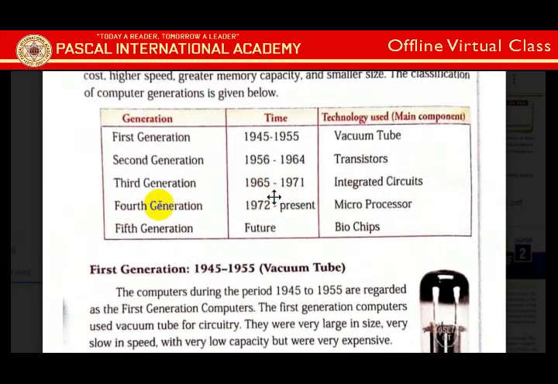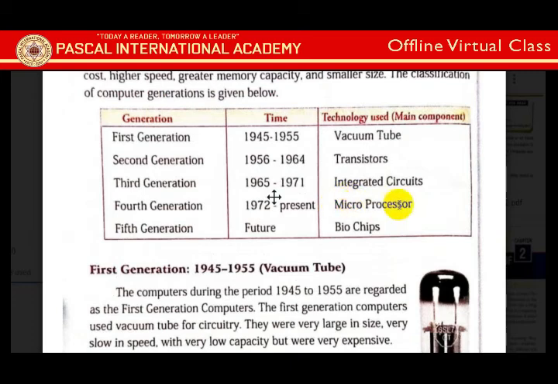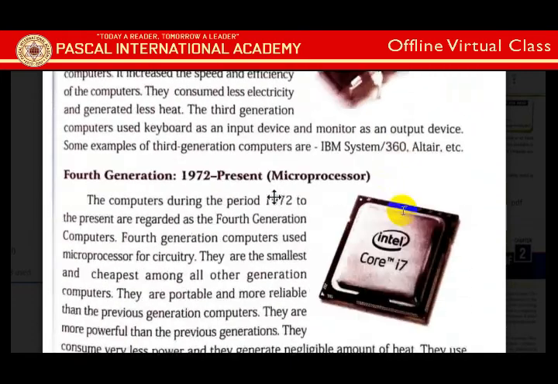Fourth generation. The fourth generation is 1972 onward, up to the present, and we are still using it. That is the microprocessor. Whatever computers we are using today are all of the fourth generation. Normal personal computers use what? Microprocessors, fourth generation, like this CPU chip.